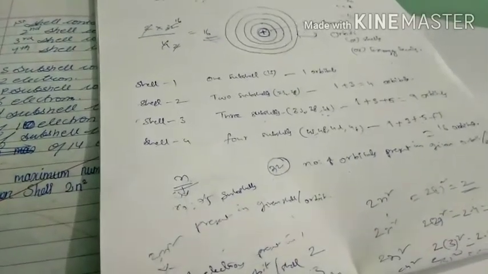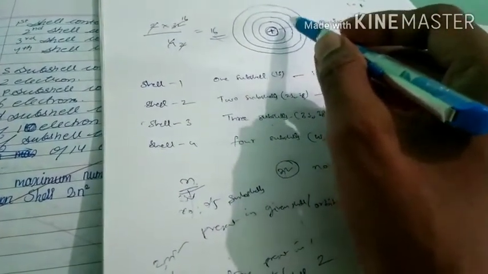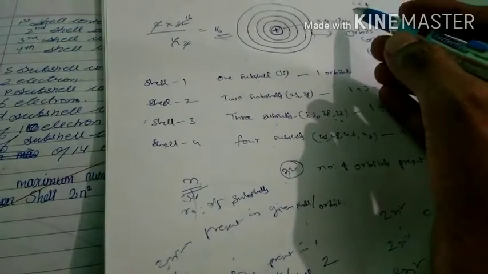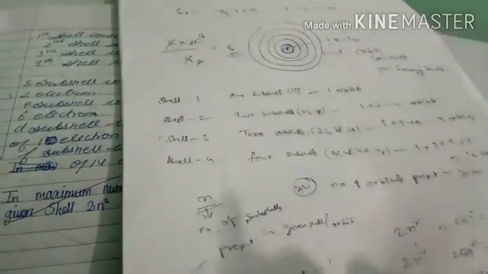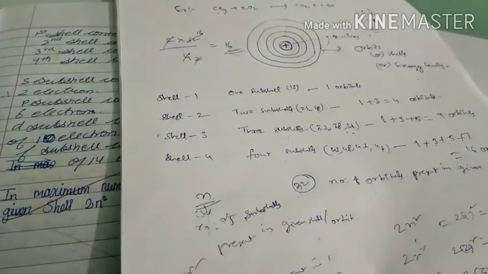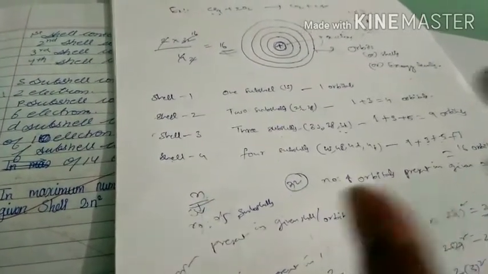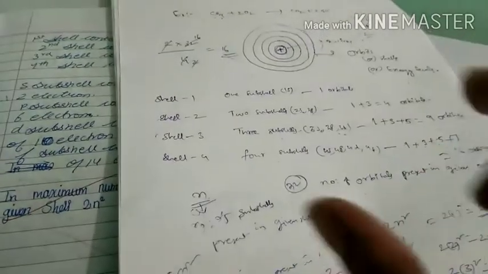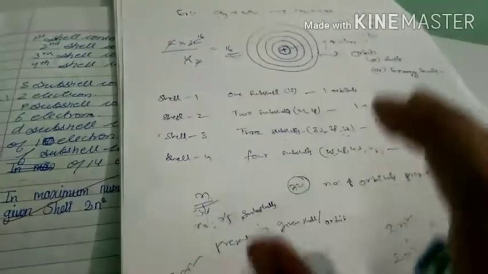So what is the point? Atom contains shells. Shells contain subshells. Subshells contain orbitals. Orbitals contain electrons. Just like a country contains states, a state contains districts, districts contain mandals, a mandal contains panchayats.